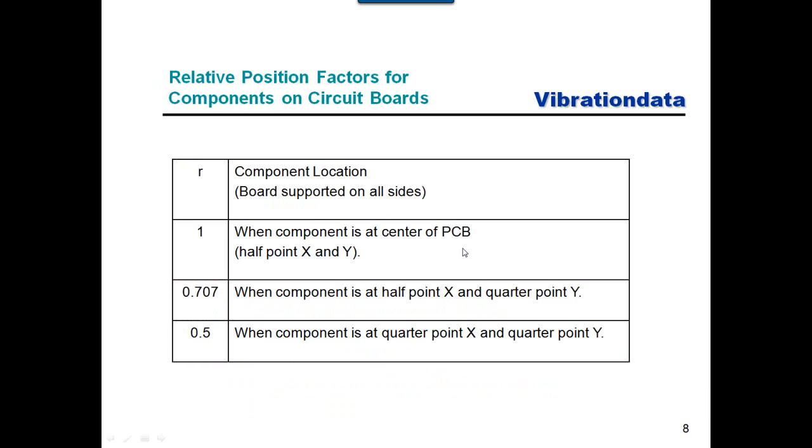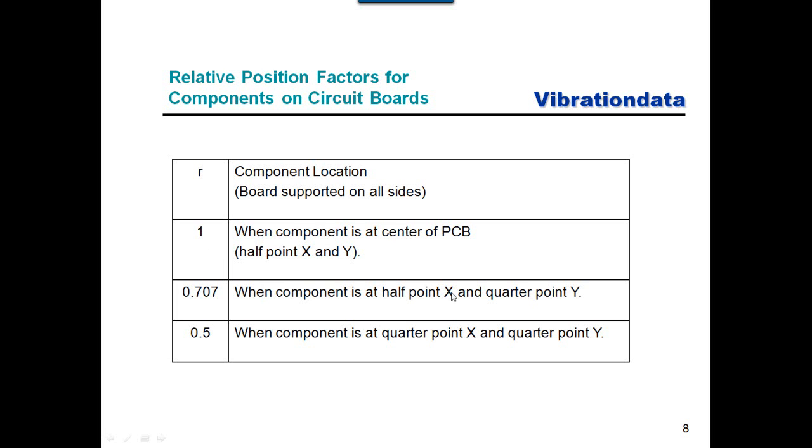But let's go ahead and just review some of these parameters in a little more detail here. So this position factor R. Now, what I want to tell you is that if you're not sure what R should be, set it equal to 1 because that's most conservative. But this is the position factor where the piece part is mounted relative to the center of the circuit board. So if it is smack dab in the middle of that circuit board, it's equal to 1.